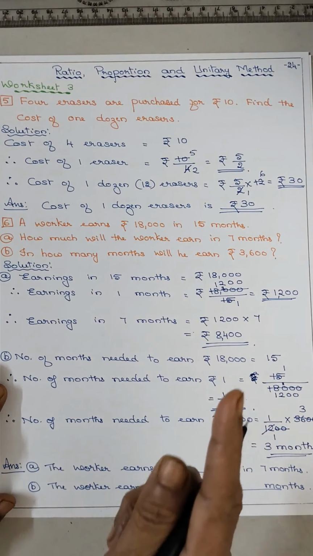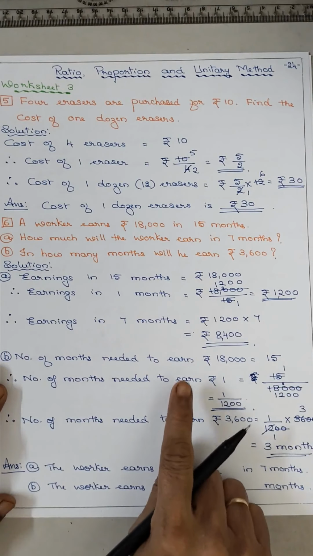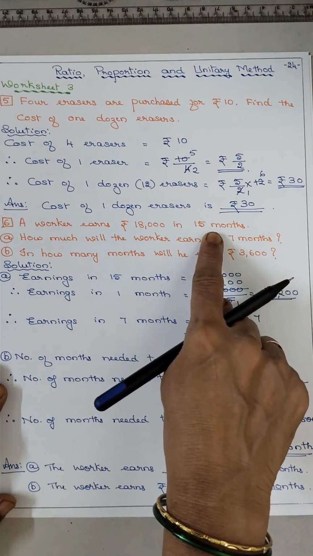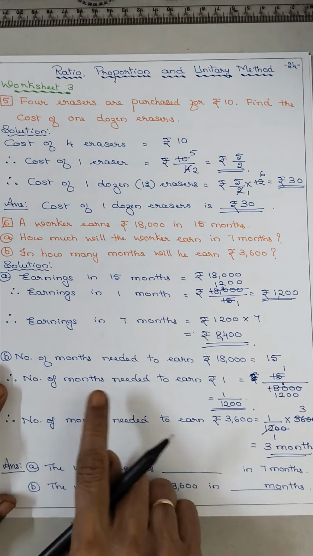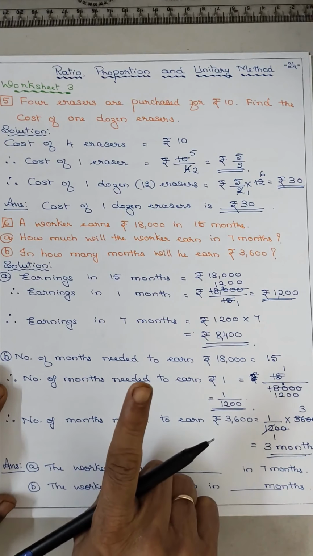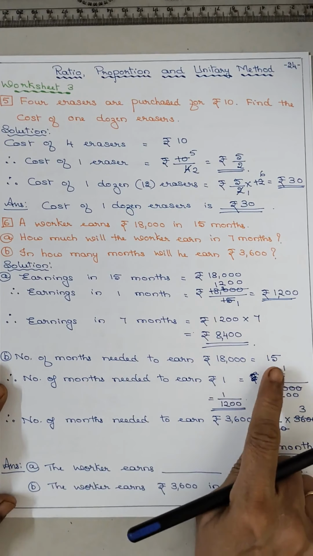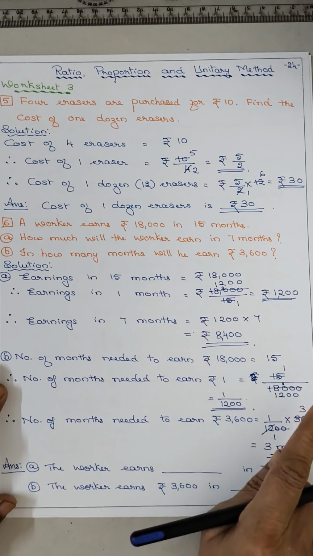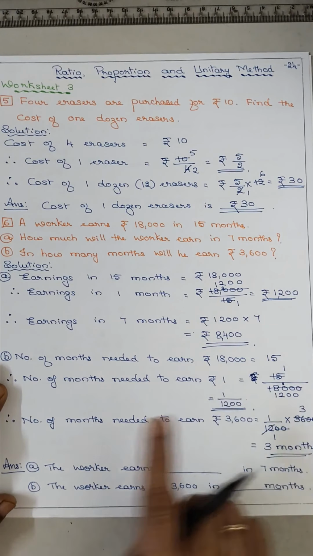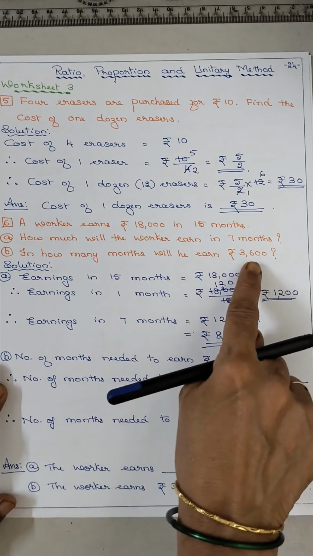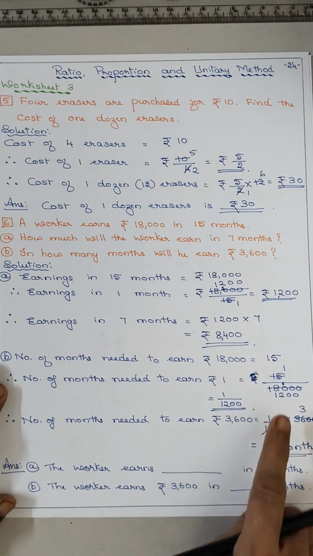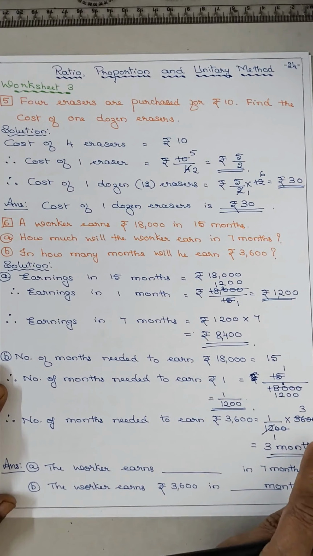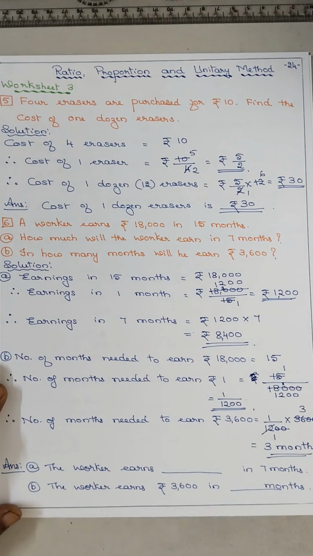Question B, number of months needed to earn 18,000 is 15 months. So number of months needed to earn 1 rupee, that is 15 upon 18,000. It will be in fraction. Now number of months needed to earn 3600. The answer what you get, multiply by 3600, so you get 3 months.